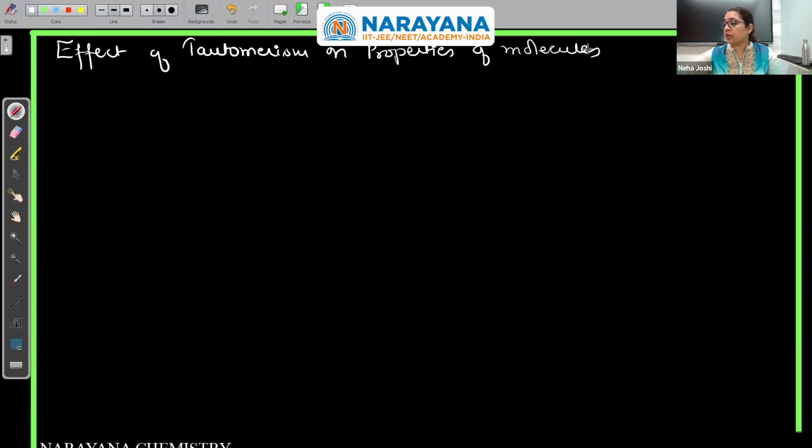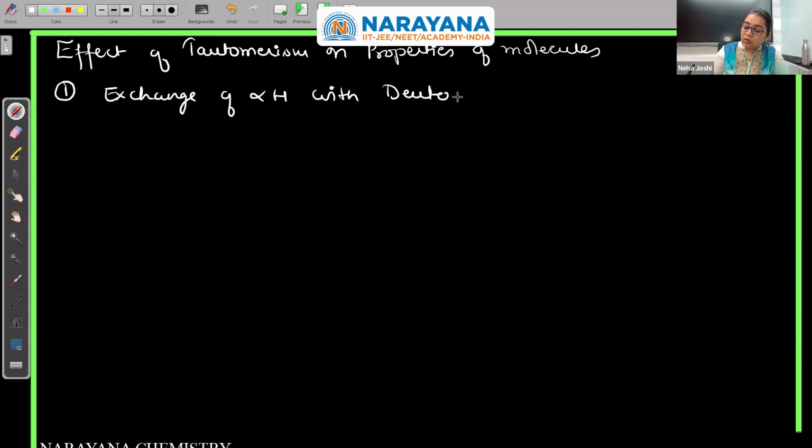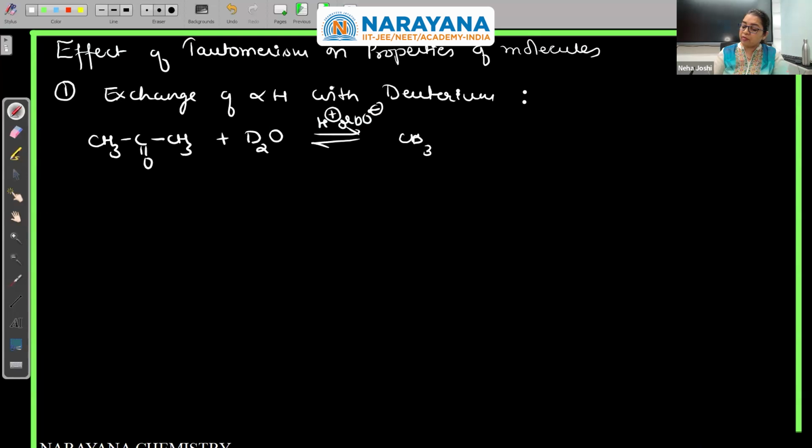Now, what impact can we have of tautomerism? So the first impact: exchange of alpha hydrogen with deuterium. That is one type of question. You all must be remembering CH3COCH3 when placed in D2O, whether with H plus or DO minus or HO minus, whatever, you will have CD3COCD3 formed.